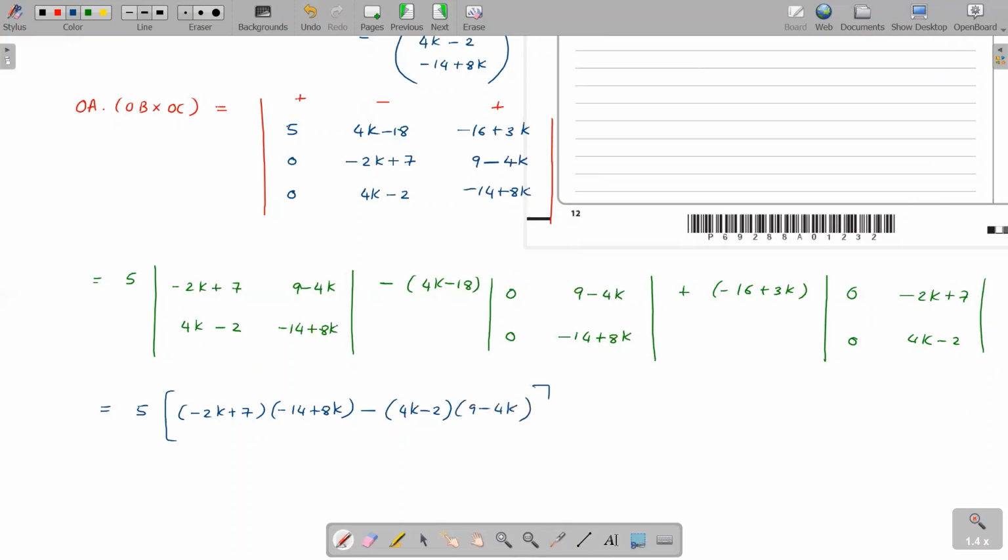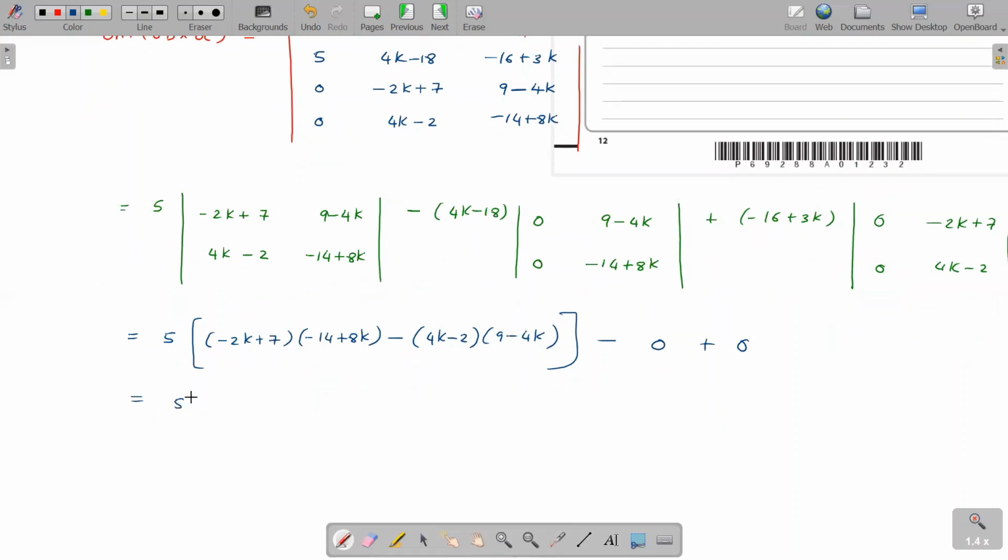Are you with me? The others, I think you can see they will all become 0. Can you see why they are becoming 0? Because when you take the determinant, 0 into this is 0, 0 into this is 0, and 4k minus 18 times 0 is 0. Likewise, both of them, because of this multiplying with the 0, the whole thing becomes 0. Are you with me?